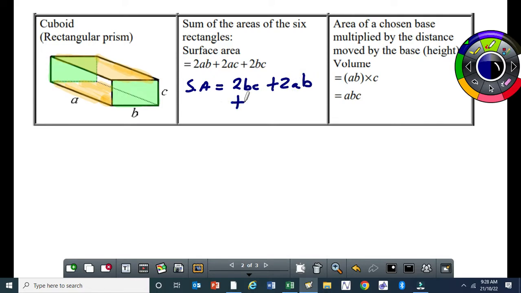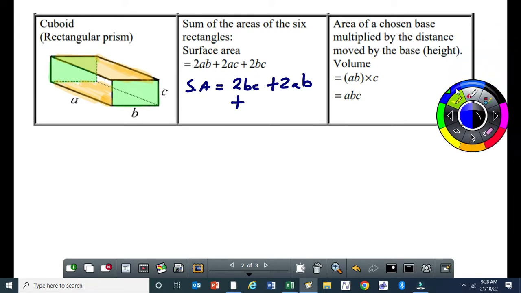plus the third set of faces. I think I like blue. It's my favorite color, by the way. So we have got that face. The other one, on the other side, can be a little tricky for me to shade. But there are also two of them. What's the length? What's the breadth?